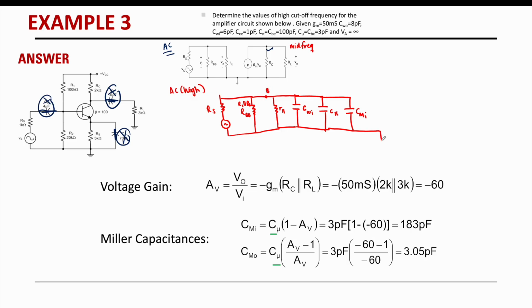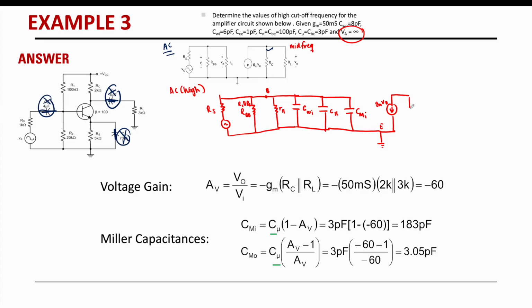Now at our emitter, because it is a short circuit there, there will be no resistor, and we have GMV pi here. You still need to draw the GMV pi. Since our VA is infinity, there will be no R naught.